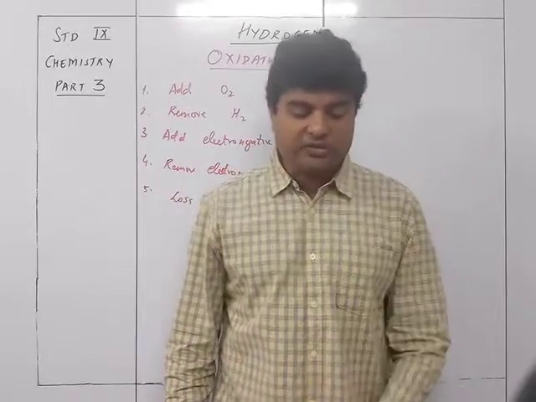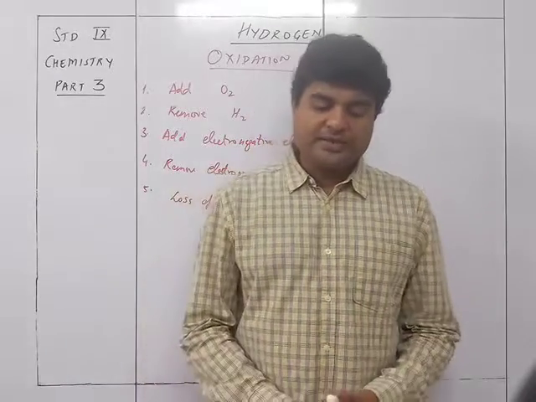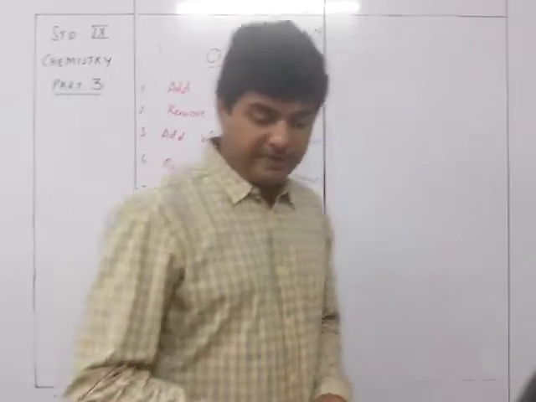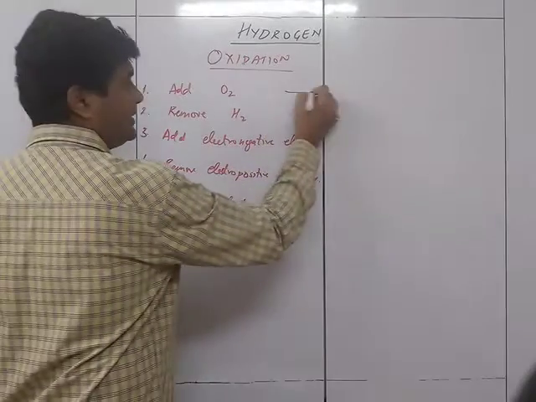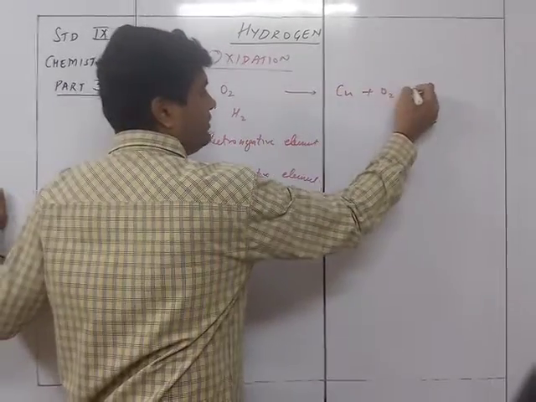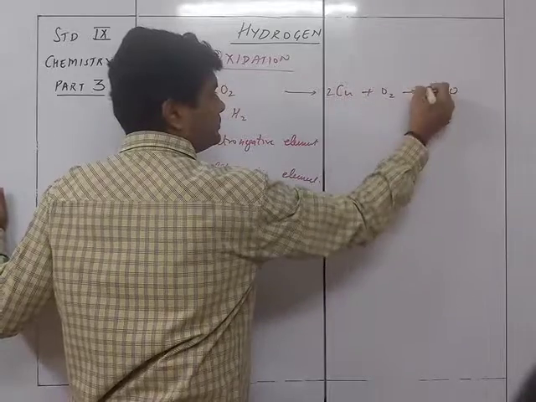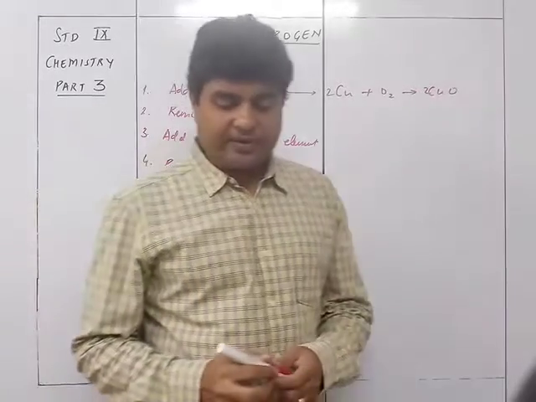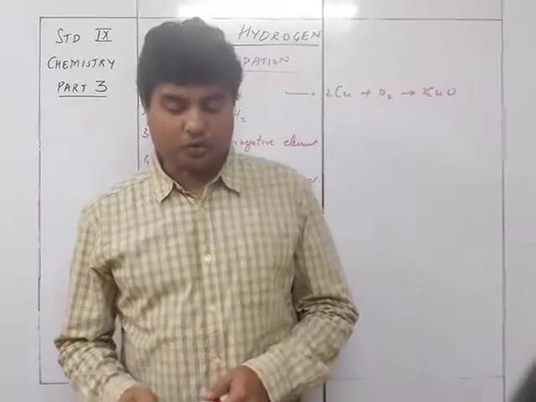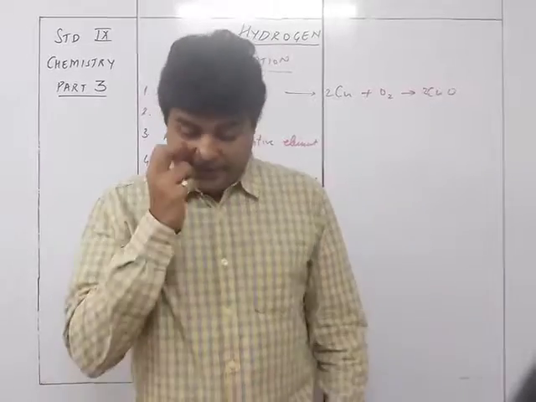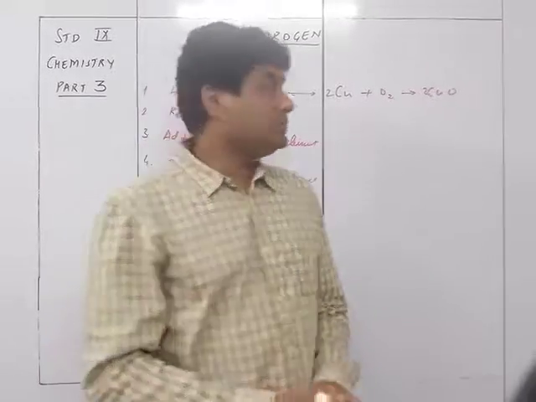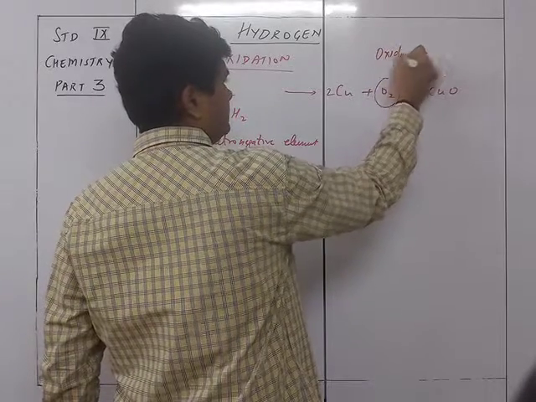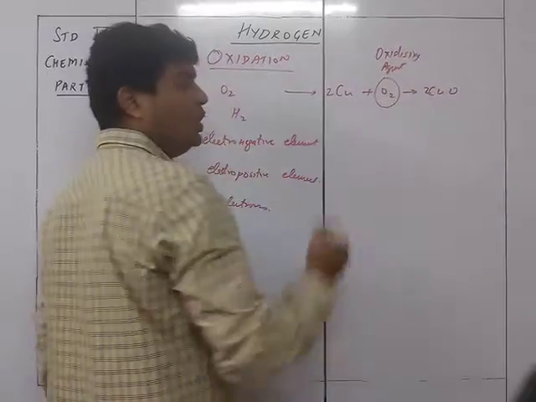So addition of oxygen to a substance. This is simple. Copper is going to gain oxygen. Thus oxidation of copper to copper oxide takes place. So the reaction is Cu plus O2 giving CuO. Similarly, H2S plus SO2 will give you H2O plus S. In each case, this one over here will be the oxidizing agent.